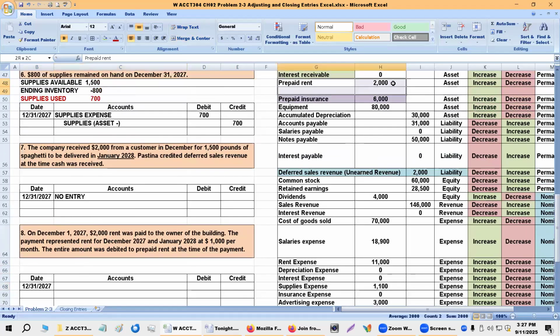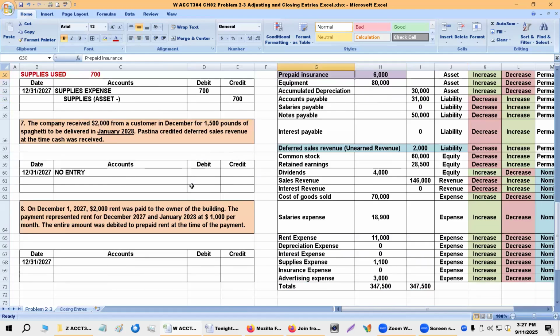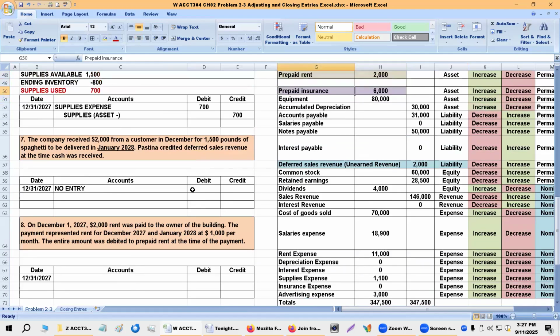Here it is, prepaid rent. So here's our prepaid rent. This is an asset. We paid it ahead of time, which we correctly called an asset. But now we've used, what, one month of it? So what's the journal entry going to be?